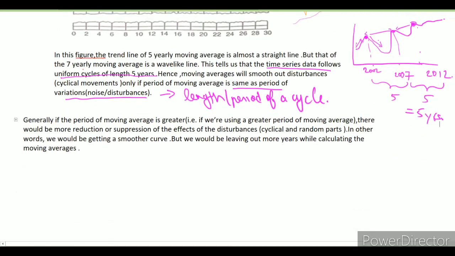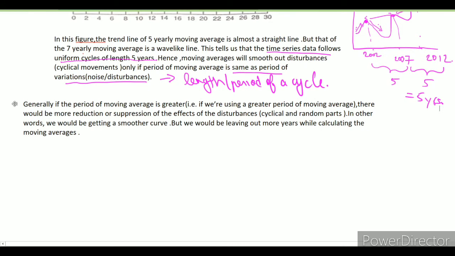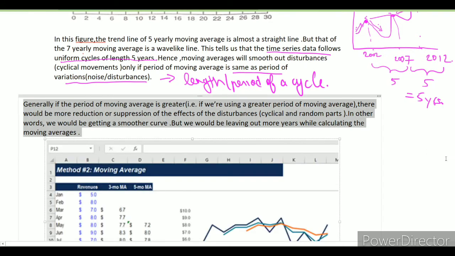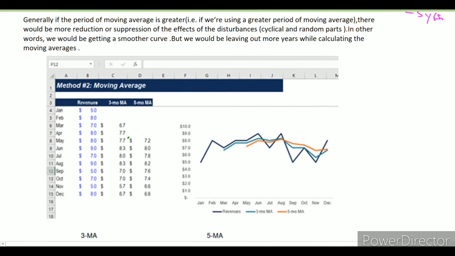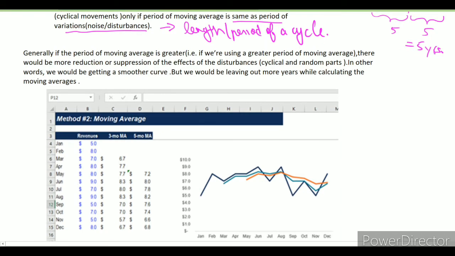So the choice is important, but generally what we find is that the longer the period of moving average, the closer we are to getting a smooth curve. For example, this is the revenue data, and this is the actual data, which means for the month of January, if we plot, this is the actual curve. The dark blue is the actual data.